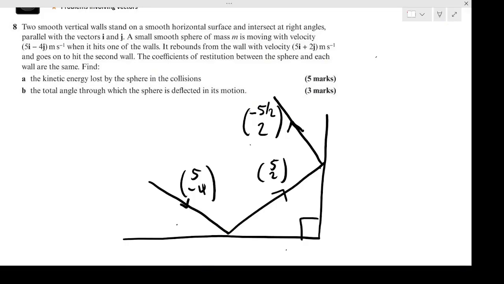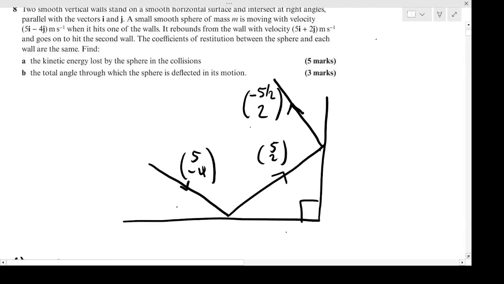So if I look at the first collision firstly, to visualize the angle deflection, remember we can extend, say, the initial velocity like this. And the angle deflection, which remember tells me how I change direction, well, I'm going to go like this. So that's my angle deflection there.